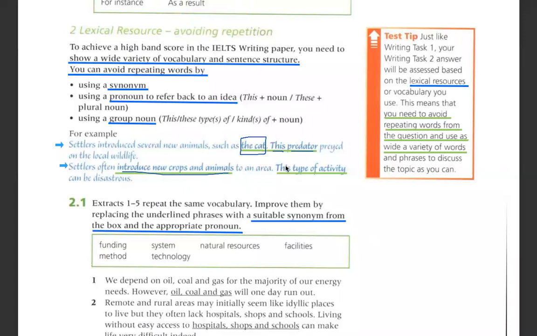So here we don't want to say new crops and animals can be disastrous. Instead we use this type of, and then we use a noun, activity. This is a synonym. All right, so using pronouns and synonyms together is a way of avoiding repeating ourselves again and again. So we want to not say the same words that we've already said.